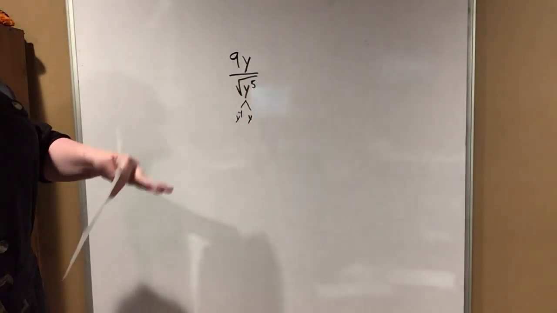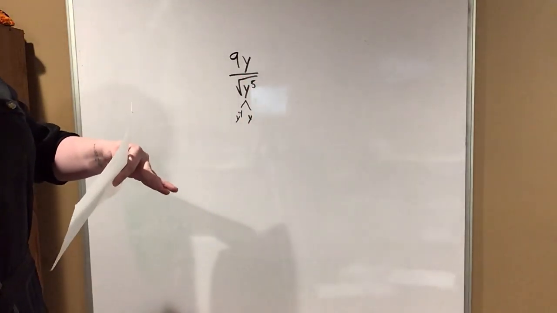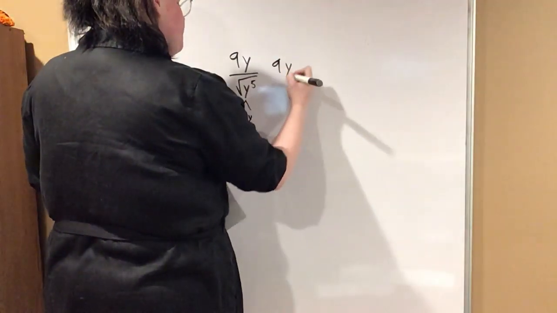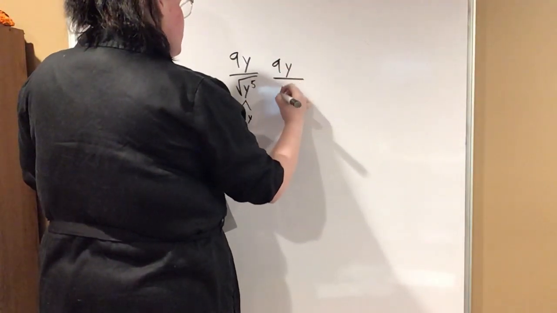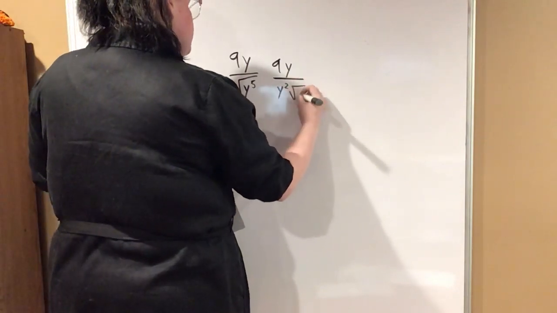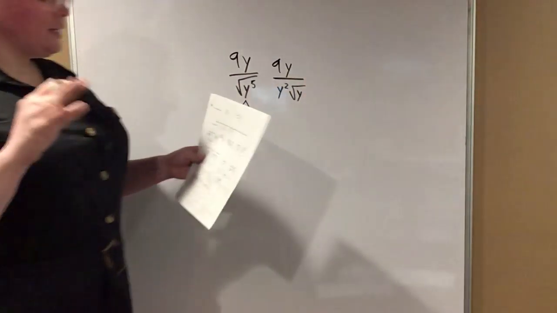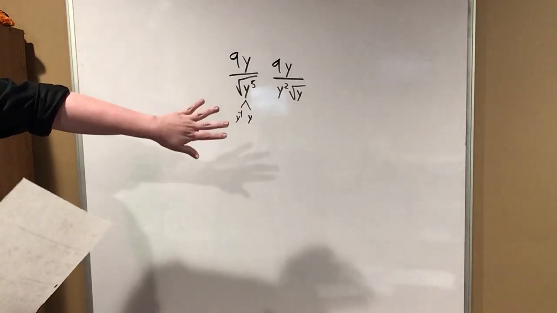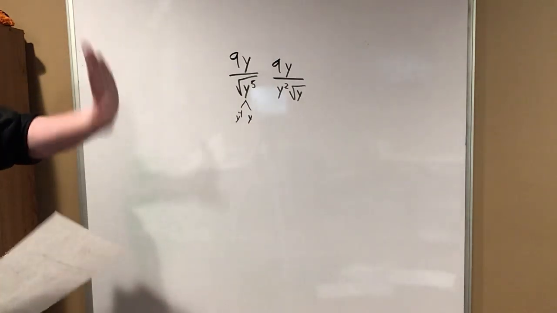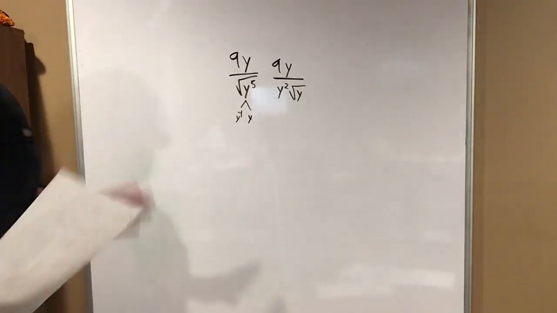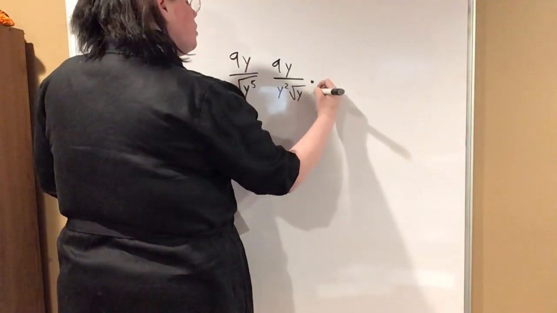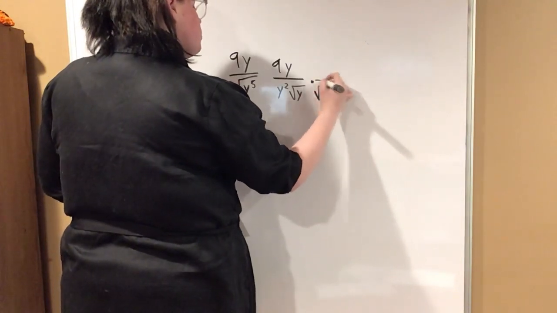So pulling that out, we're actually going to get 9y over y squared times square root of y. Well, we only now have one radical in the bottom. So we're just going to multiply whatever radical we need to get rid of. So we need to get rid of this square root of y. So multiply the top and the bottom by the square root of y.